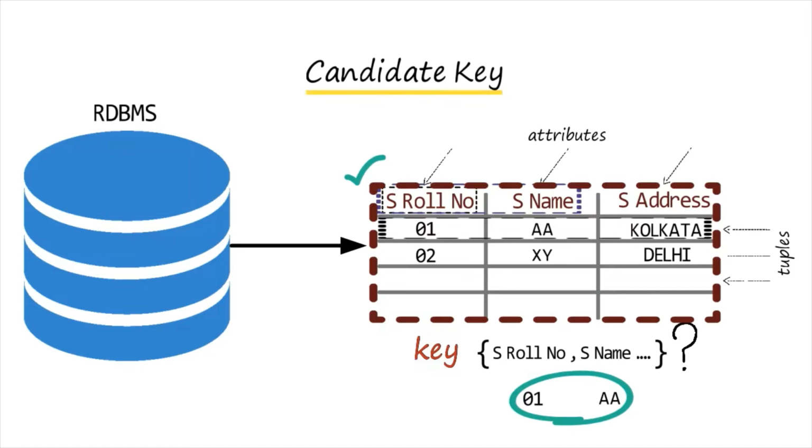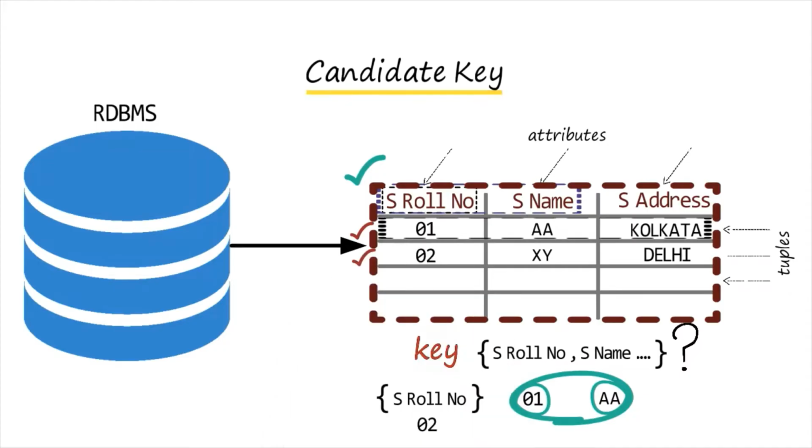Whenever I'm talking about roll number 1 and the name of the student is AA, then it should represent only one particular student, not more than that. And also, according to my definition, a key is a collection of attributes. In this case, if I keep only student roll number as a key, then if I know the roll number, it will easily identify one specific student.